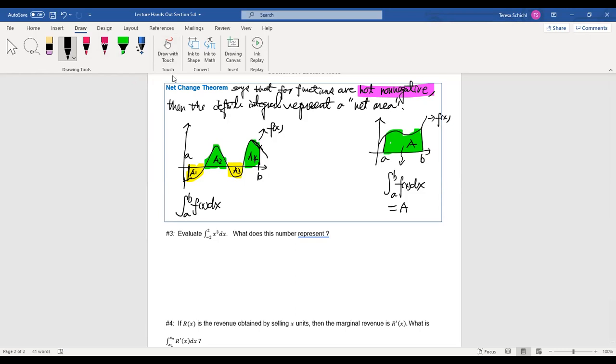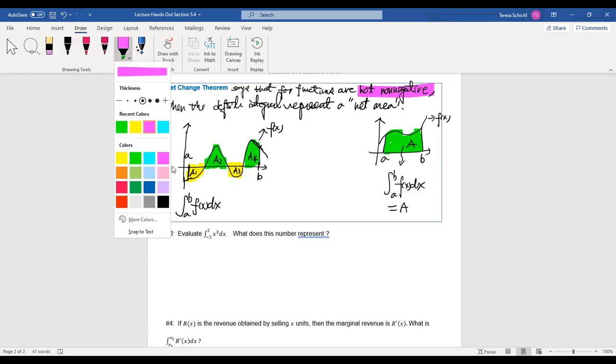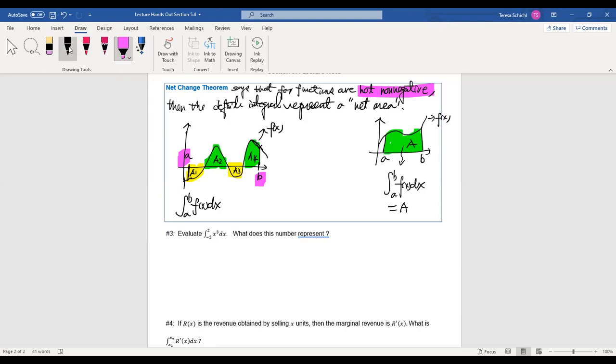When you do the definite integral from a to b, what are you trying to do here? You find the net area of this function. That means the result will be negative A1, because it's below the x-axis, plus A2 minus A3 plus A4.